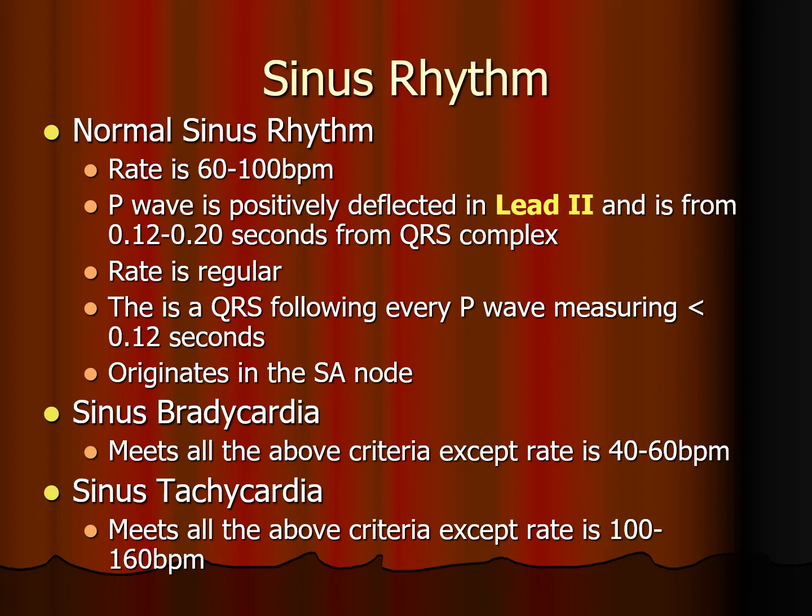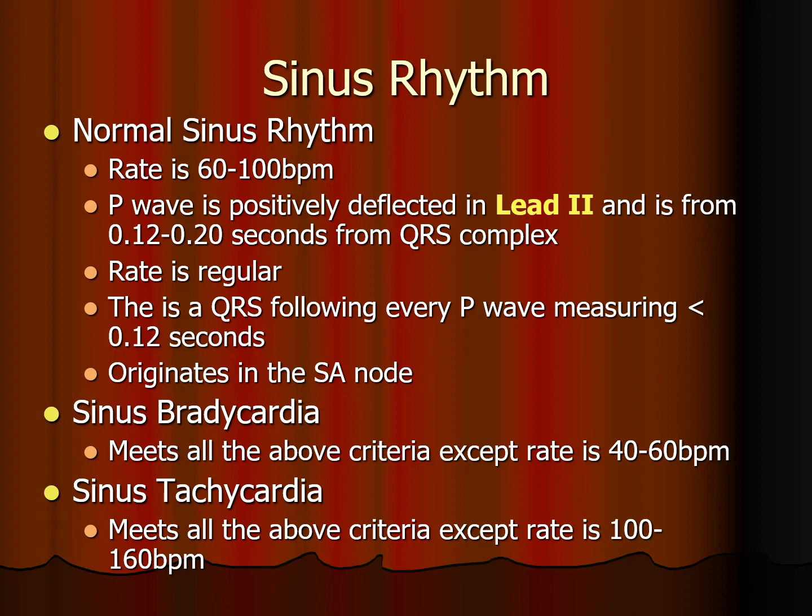The rate is regular. There is a QRS following every P wave. We have no lonely P's and no lonely QRS's. There is a P wave before every QRS, and the QRS is less than 0.12 seconds. So skinny. We want skinny Kendalls here. And that means it originates in the SA node.